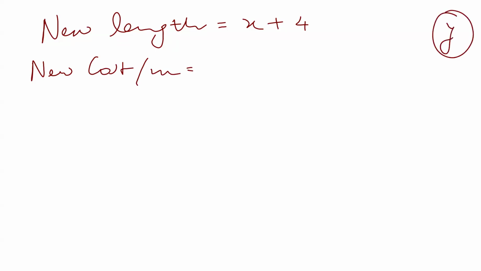And if the length is increased by 4, the cost per meter will be what? It will be y minus 5. Okay. Have you understood this, guys? Please respond.